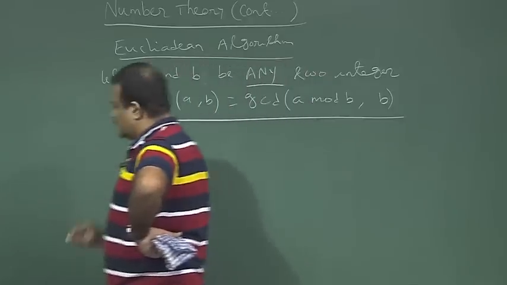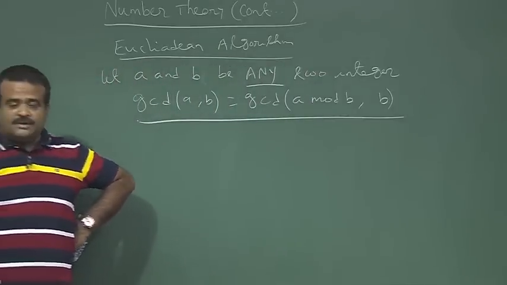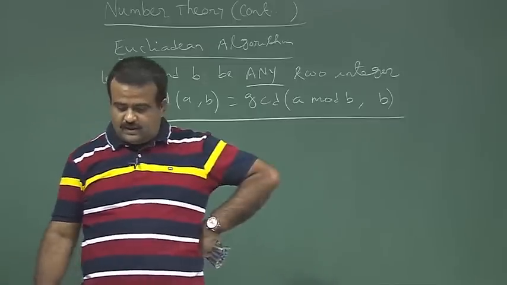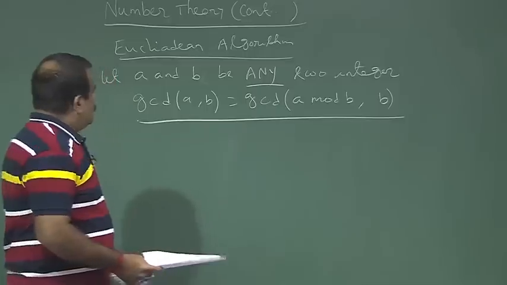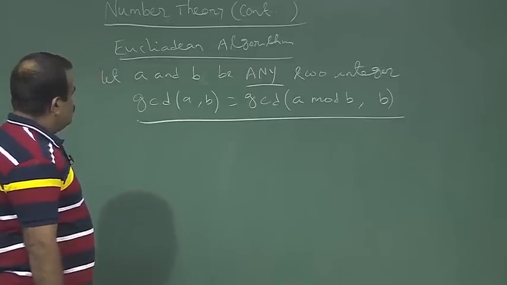So, this basically gives us what is called the Euclid algorithm to find the GCD. We will use this theorem or this result to build an algorithm.